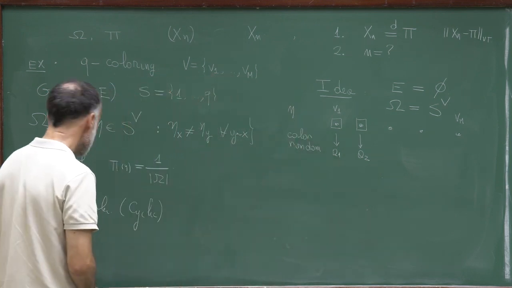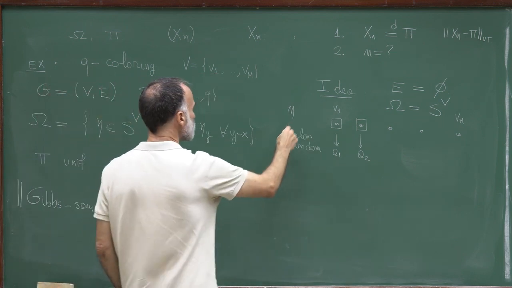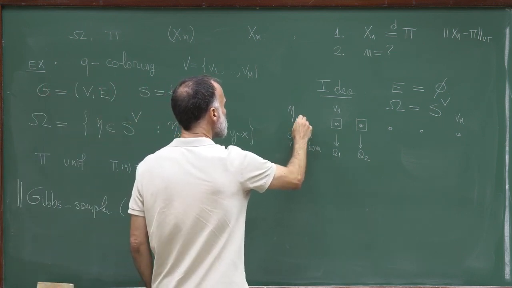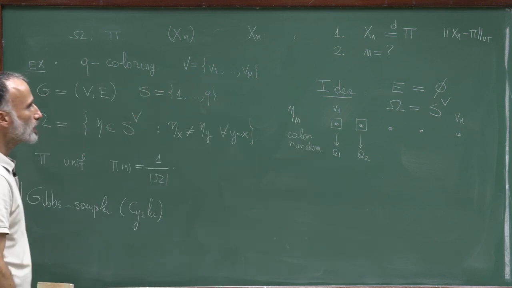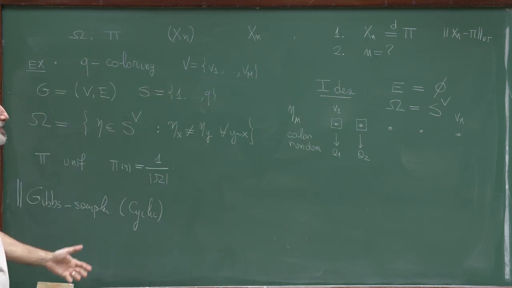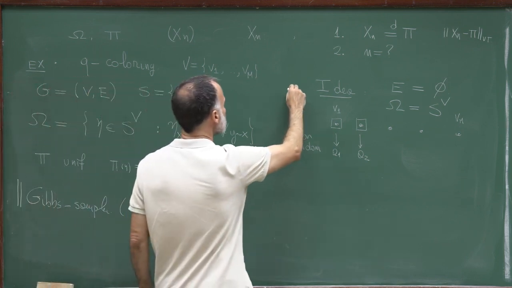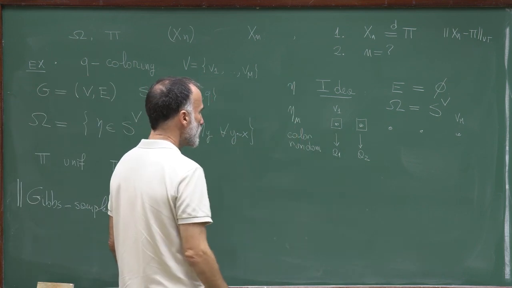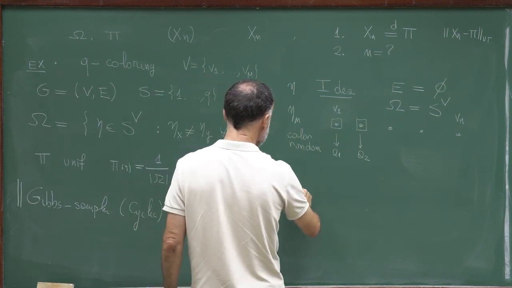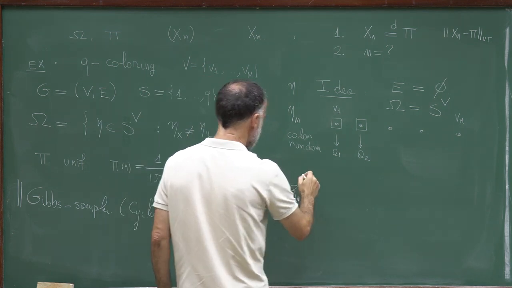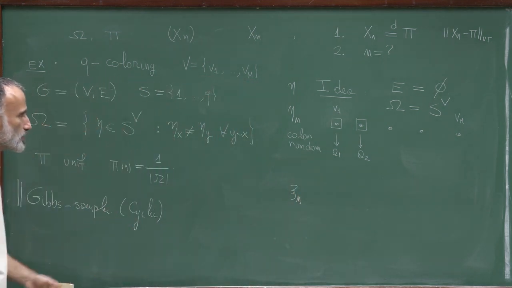So now, assume that you have a process which I'm calling now eta instead of X. So this is eta n, my cyclic Gibbs Sampler, which is starting from a configuration eta. And now I have a second process which has the same dynamics.